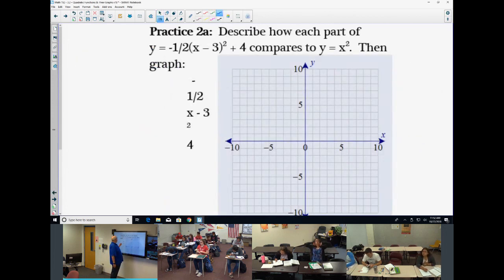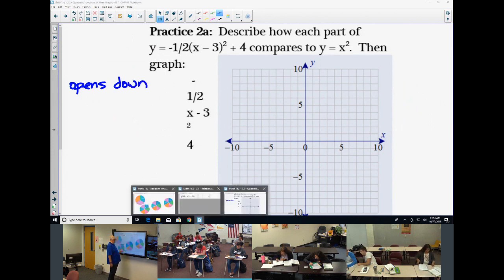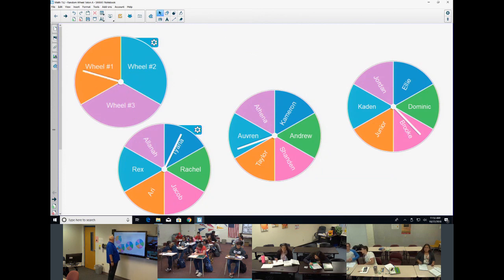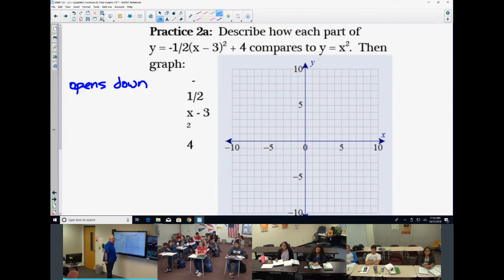All right, Brooke, what does the negative in front do here? The negative makes it open down. It opens down. All right, Alana, how about the 1/2? What does that do to the graph?